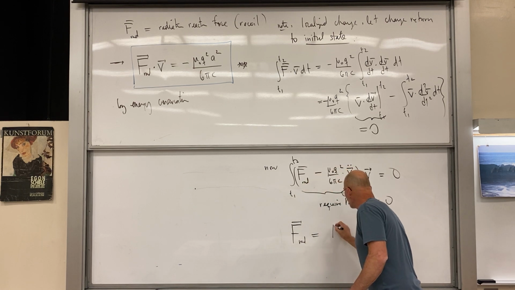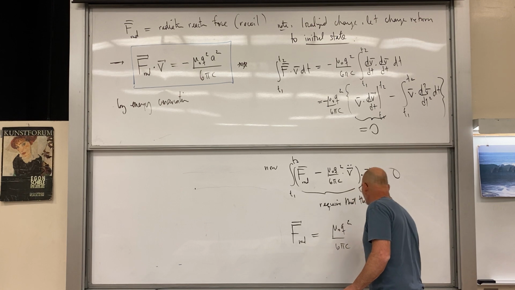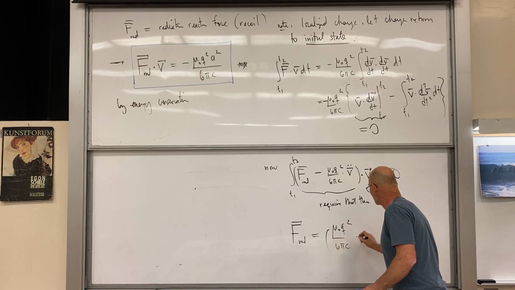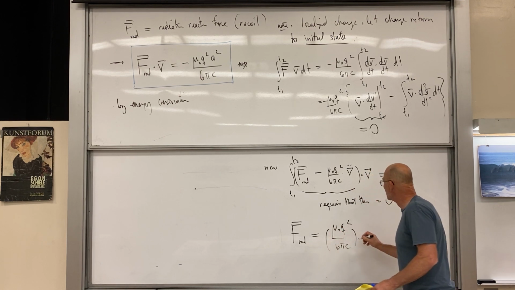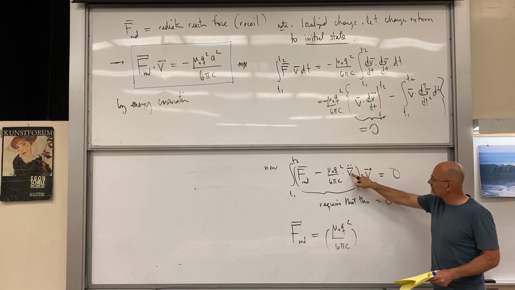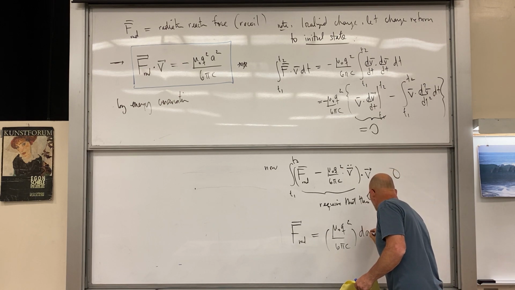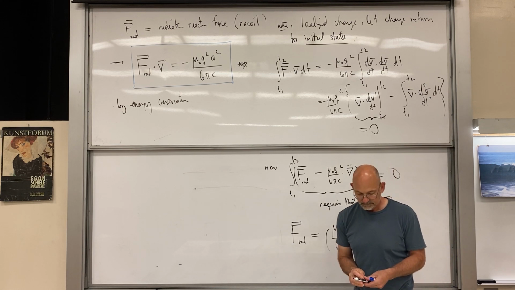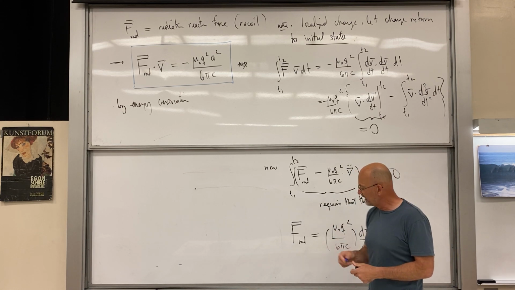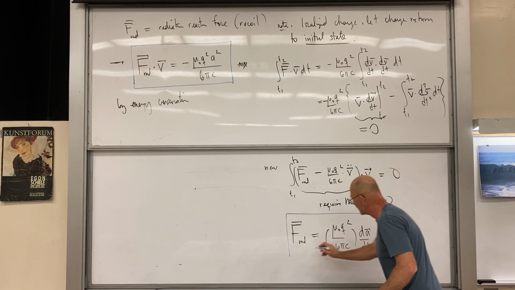And that's going to be mu naught q squared over 6 pi c times dA dt, right? That's the second derivative of velocity, so it's the first derivative of the acceleration, dA dt. And that is the Abraham-Lorentz equation.